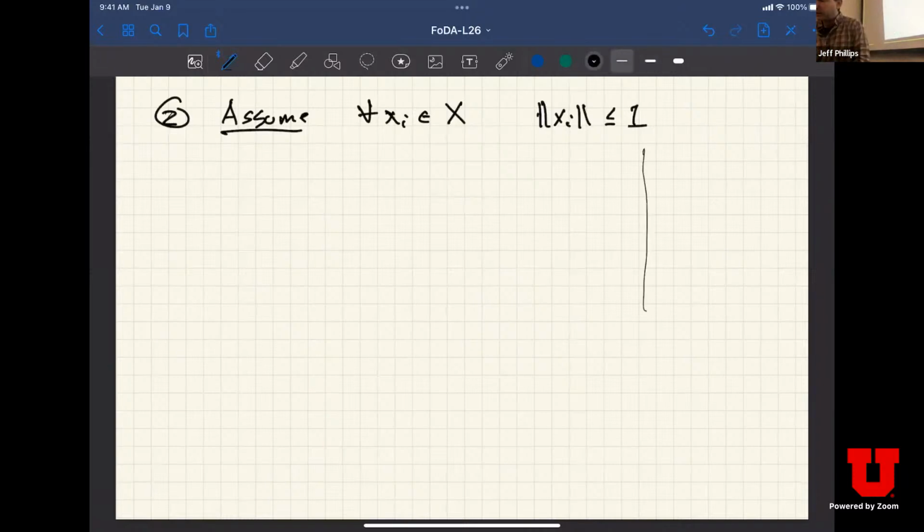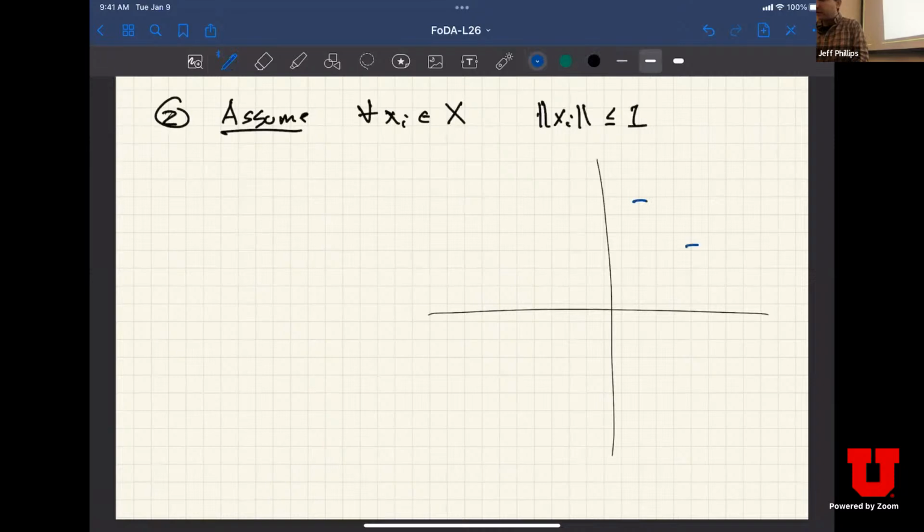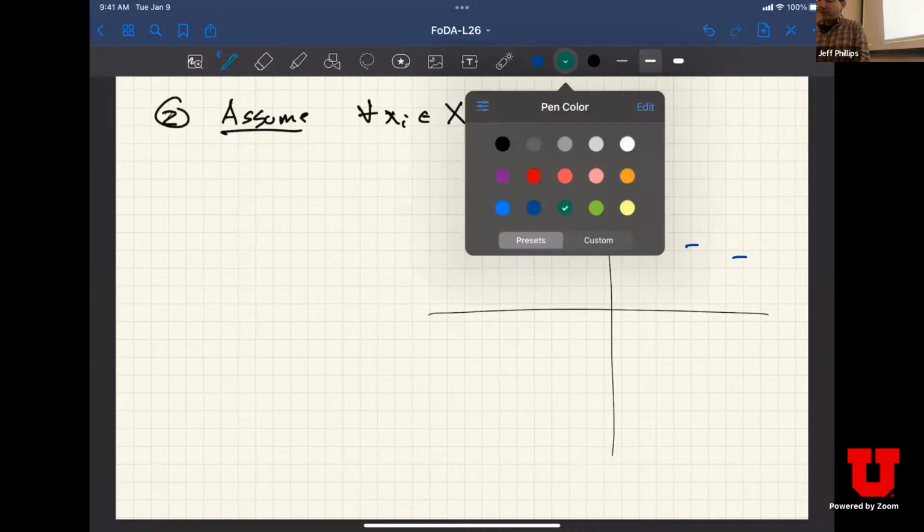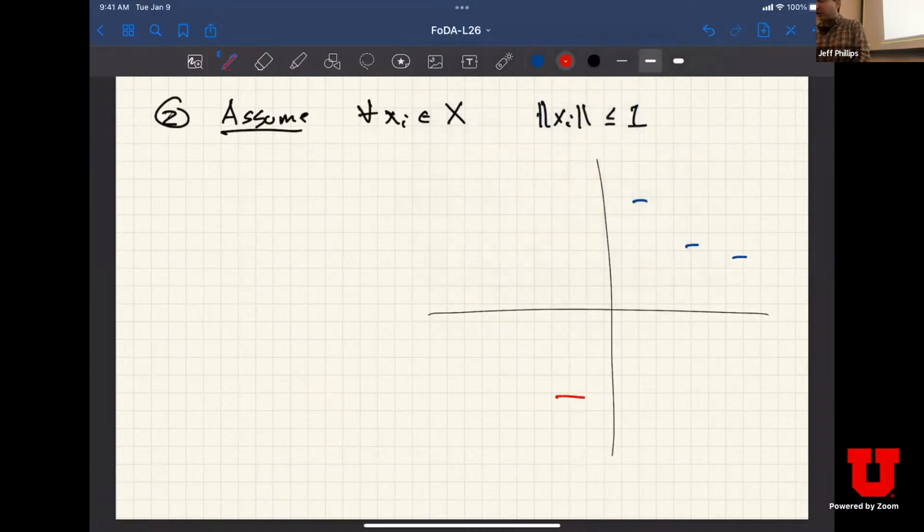Let me draw this bigger. You can always think about, I've got some negative points. I assume I've already done the first transformation, and that there exists a classifier that goes through the origin, and that's the one I'm going to want.